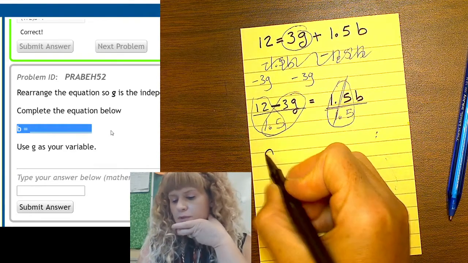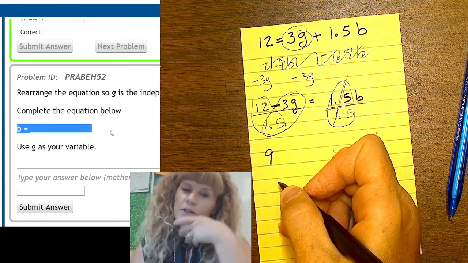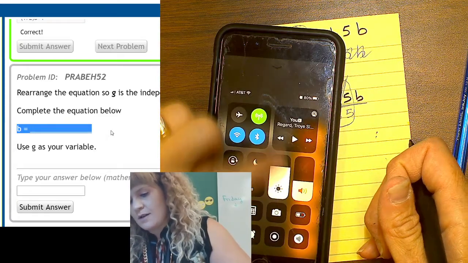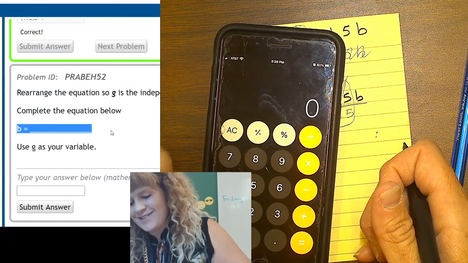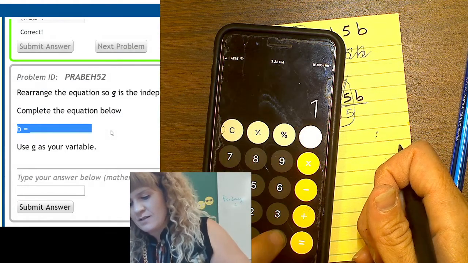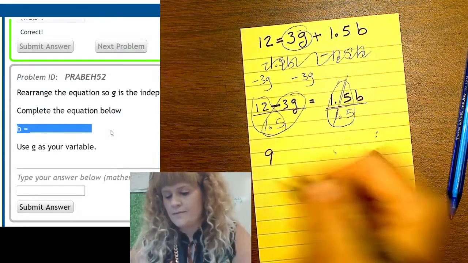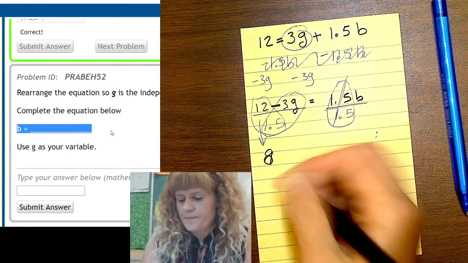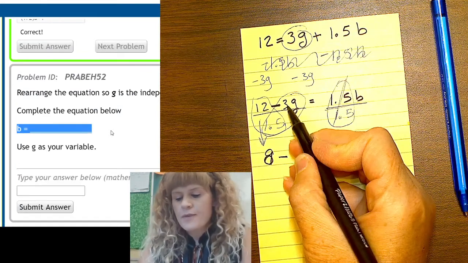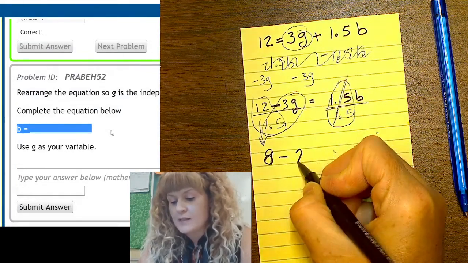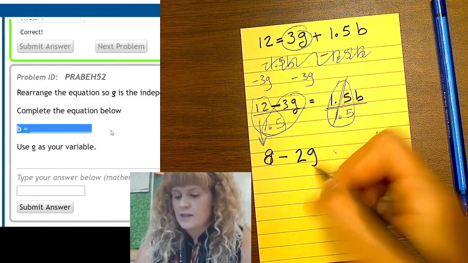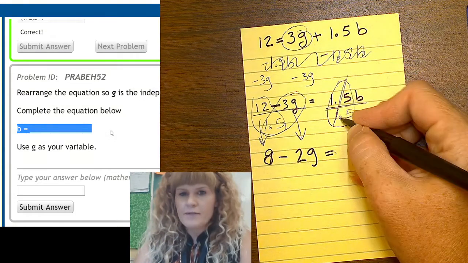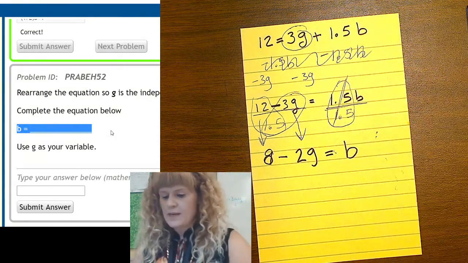12 divided by 1.5 is 8, not 9. Okay, 12 divided by 1.5 is 8. And then 3 divided by 1.5 is 2, and there's a g there, so that term's here. 1.5 divided by 1.5 canceled out, and I'm left with b.